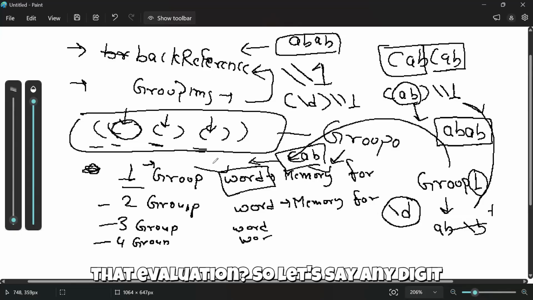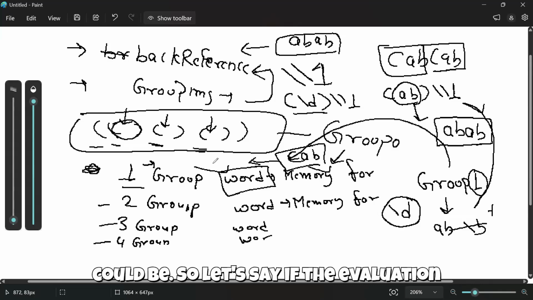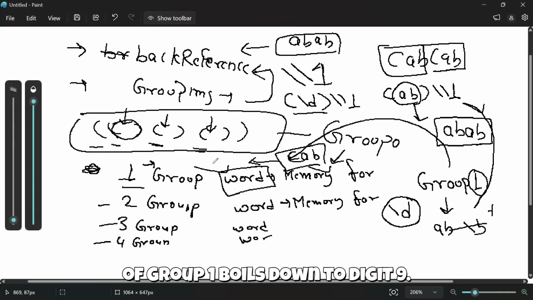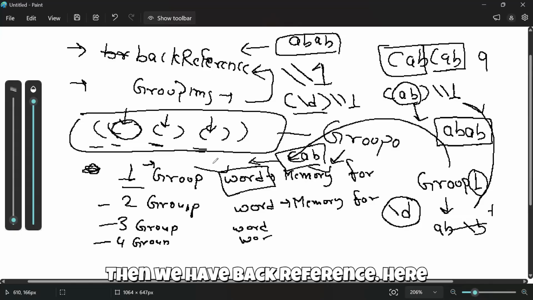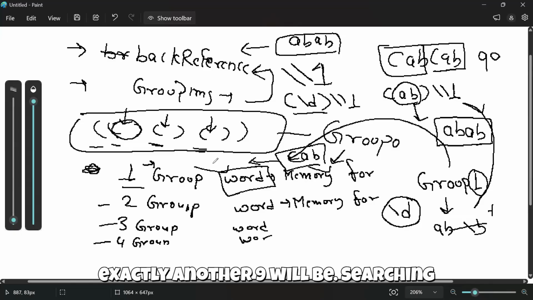So what is that evaluation? Let's say any digit it could be. If the evaluation of group 1 boils down to digit 9, then we have back reference here. Evaluation has given us digit 9, and exactly another 9 will be searched in the pattern.